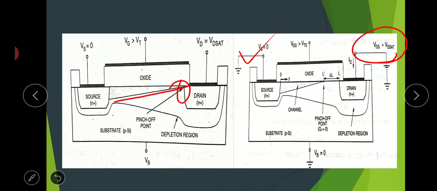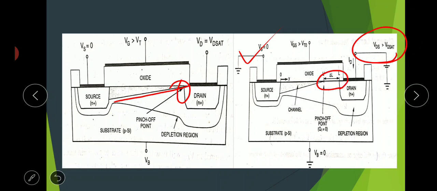Previously the channel length was 0 to L, but as we increase the drain to source voltage beyond VDSAT, the channel starts to decrease, and now the channel length is L dash, and the change in length we consider as delta L.